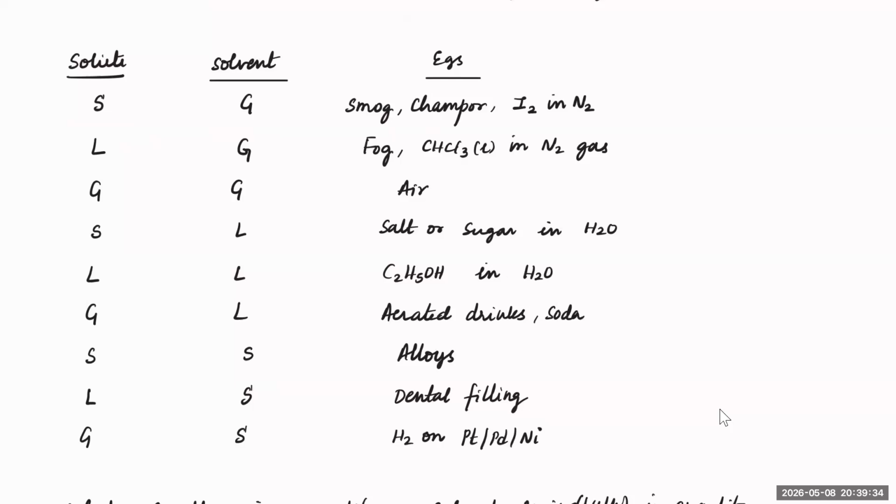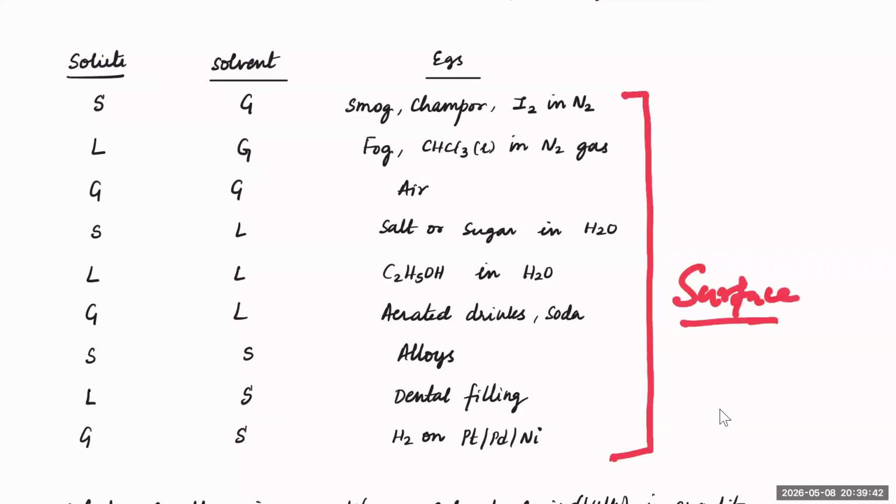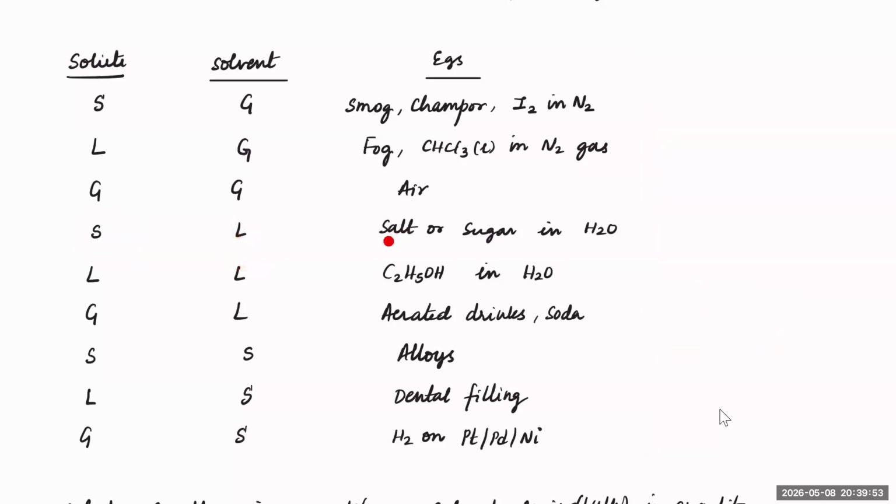We will be discussing much more in detail about these parts in surface chemistry, because most of them are in colloidal form. Especially if you notice solid in liquid here, this is the part we'll be reading a lot in this topic, where something like a salt or a sugar is added to water, it will be a true solution.